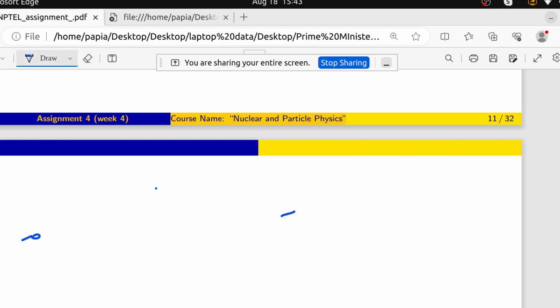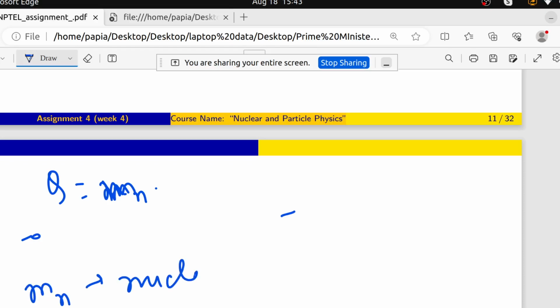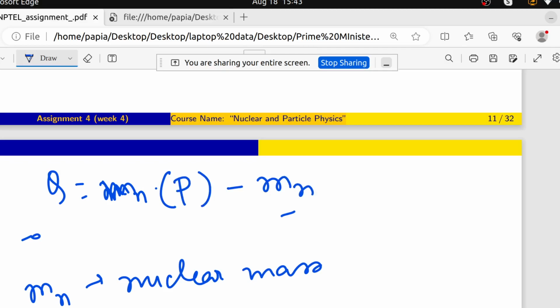Okay, so this Q value has two expressions. First of all, what is the expression? The mass of the nucleus. I am writing Mn as nuclear mass: the nuclear mass of the parent particle minus the nuclear mass of the daughter particle. This is a very simple expression for the Q value.